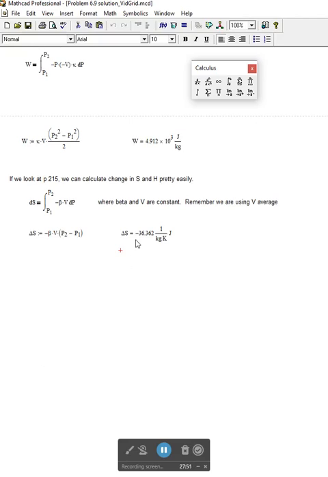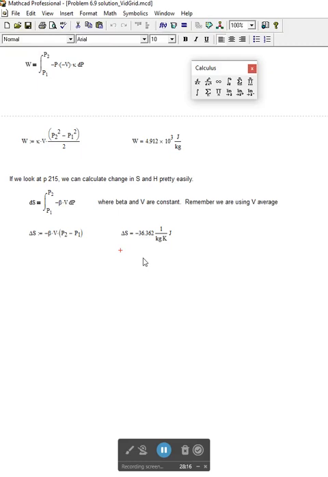Delta S is negative. Does that make sense? I think it does. We're doing a compression, and it's maybe not from our classical thermodynamic sense in this chapter, where entropy is almost always related to how heat flows.